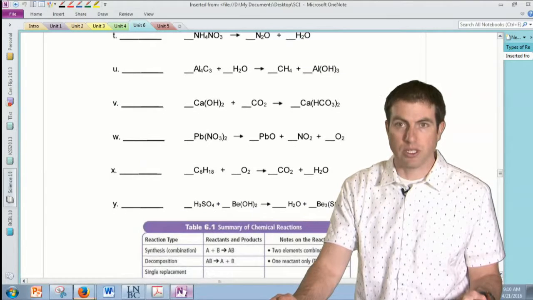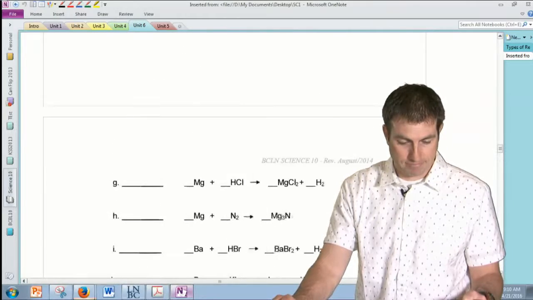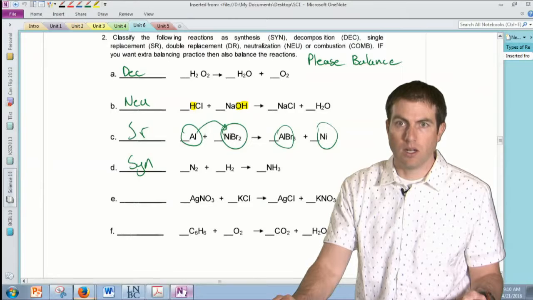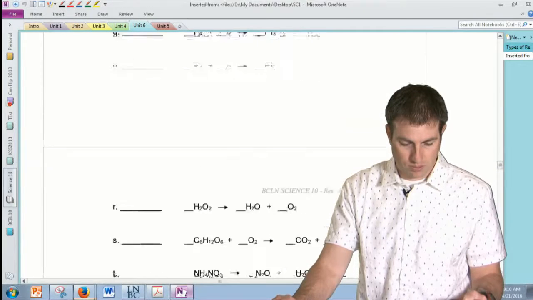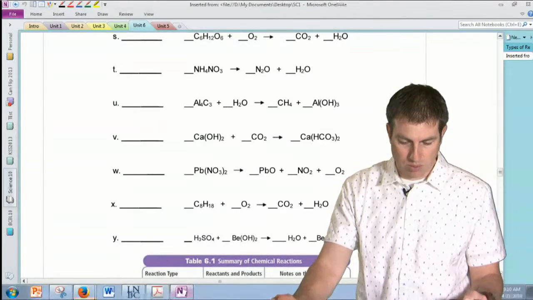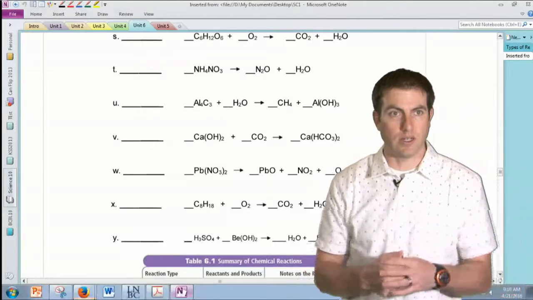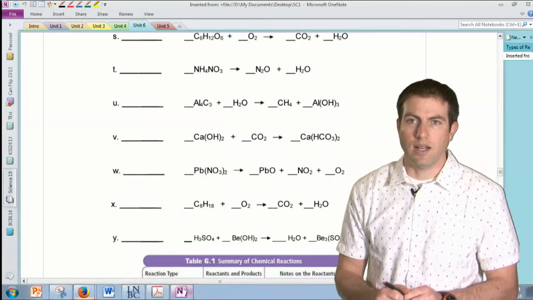That does look a bit tricky. You have no E on balancing. V and W, question 2, 6.1. V and W. Oh, that looks like a tricky one because of the polyatomic.